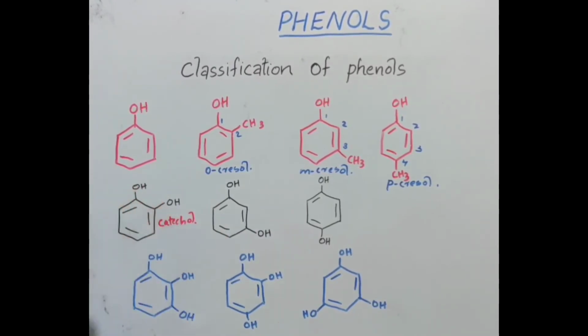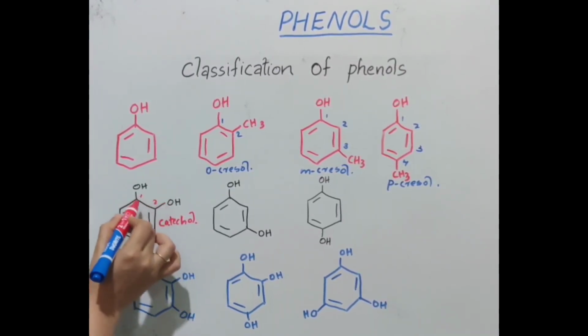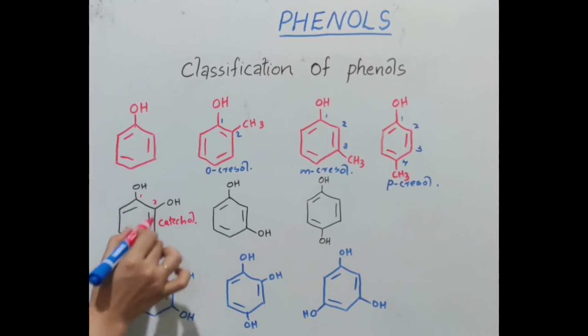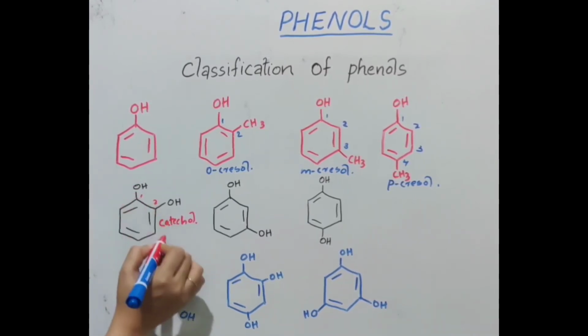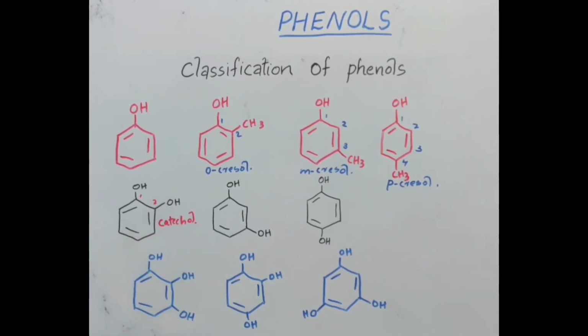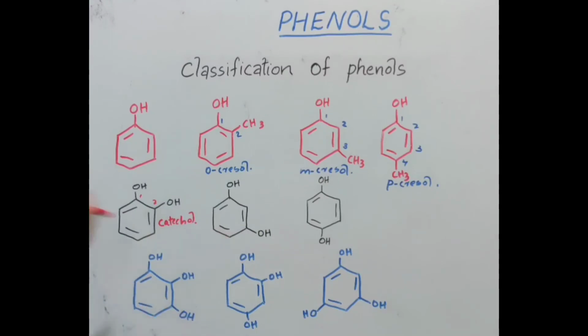The common name of this phenol is catechol, and the IUPAC name is benzene 1, 2 diol. In the second case, the common name is resorcinol.